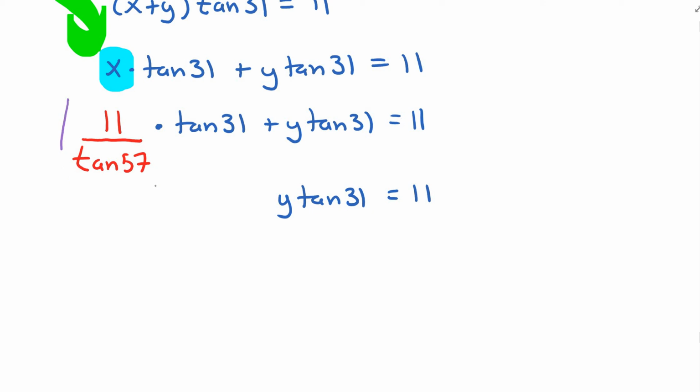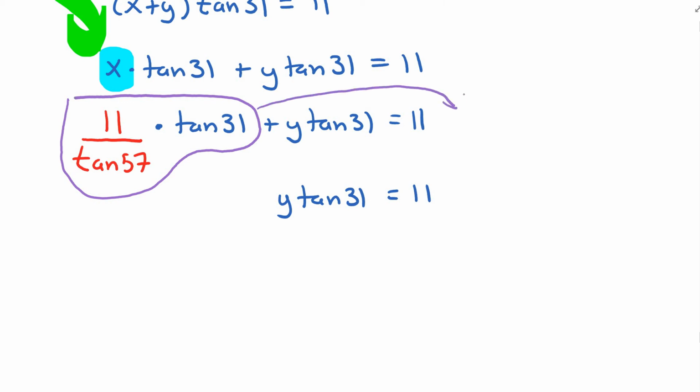This part in purple is a big expression, but that's just an ugly number. Since it's a number, I can easily move it to the other side. Since the expression is positive on the left-hand side, if I move it to the right-hand side, it becomes negative. So negative 11 divided by tan 57 times tan 31.